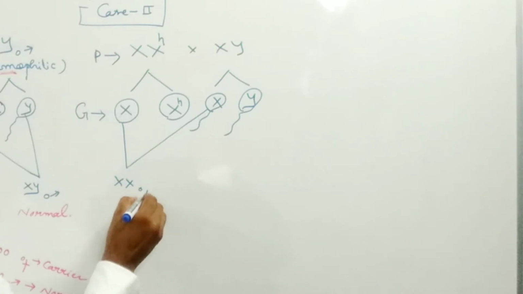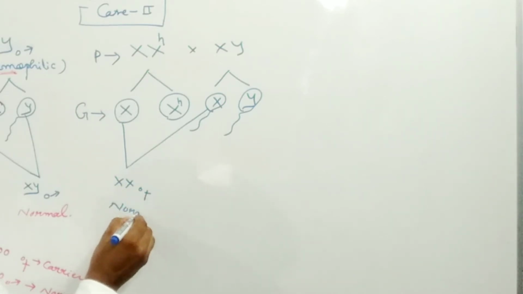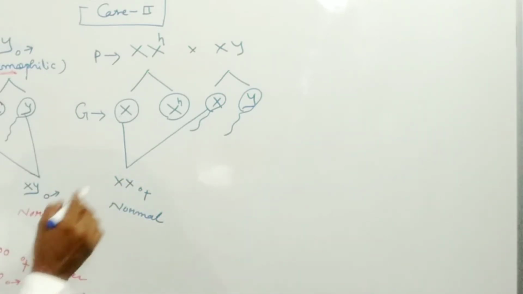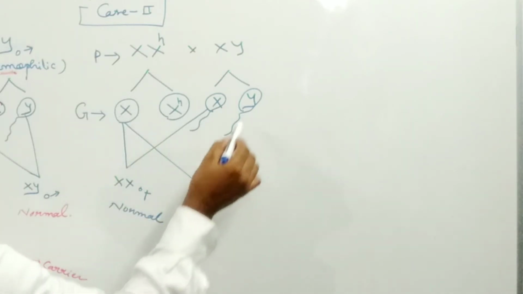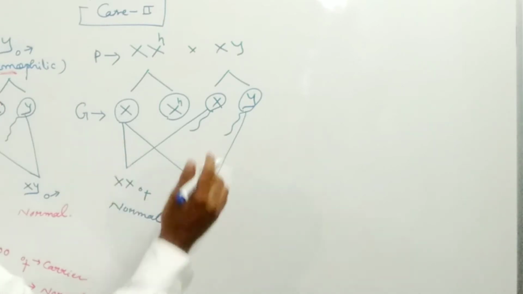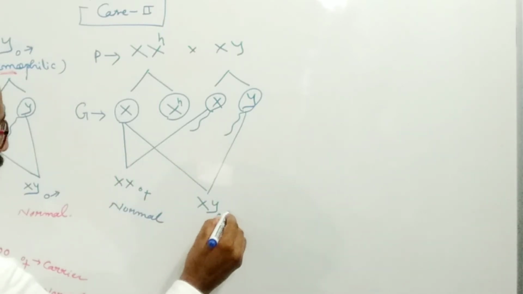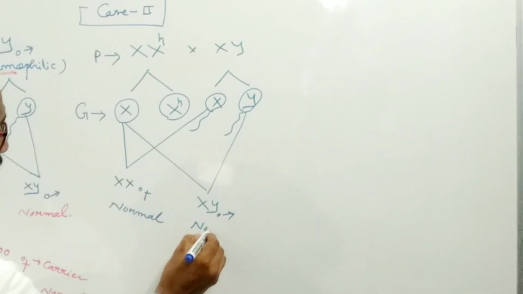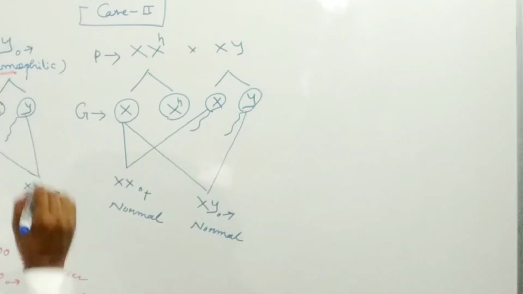So the individual will be normal, there is no defective gene. If the fusion takes place between these two, then here also you get a normal male individual. So this is the normal male individual.